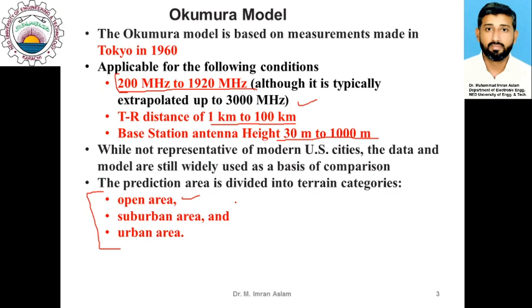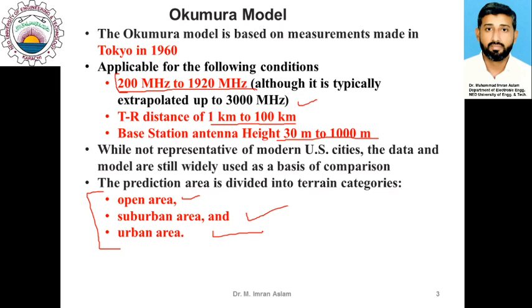affected by the buildings. Suburban areas are the areas where we have relatively higher density of buildings, like small towns where you have low density of buildings and low height of buildings. And third one is the urban area where you have relatively high and relatively longer buildings, and you have relatively higher density of buildings.